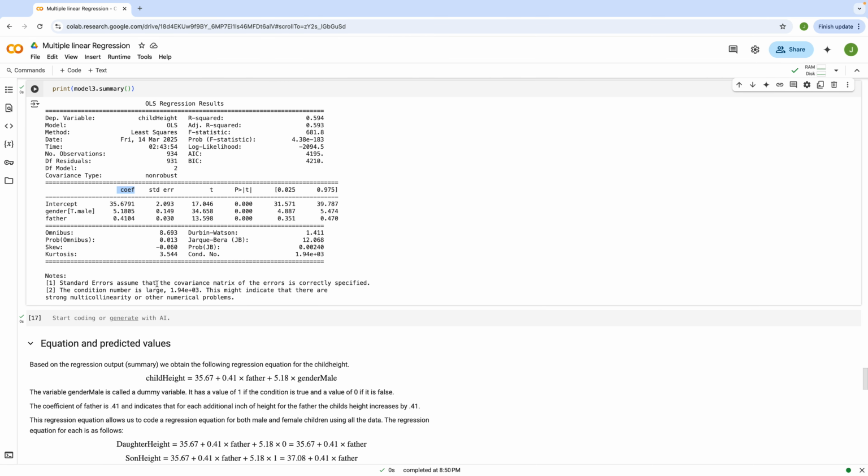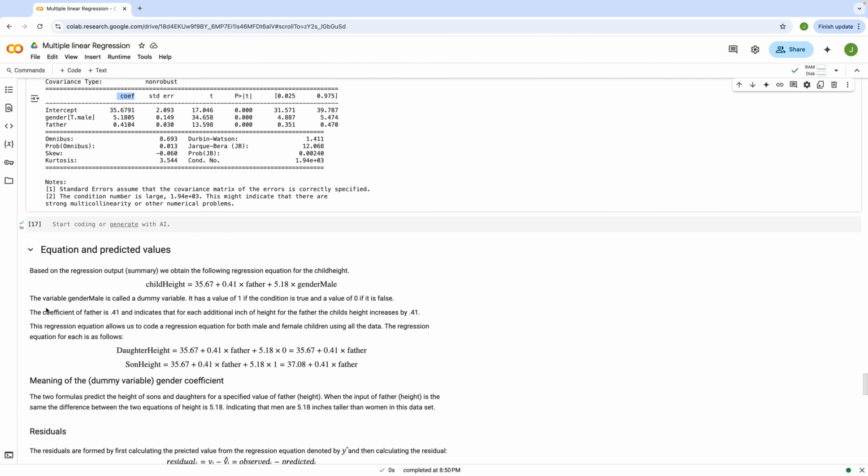So to form the regression equation, I look at this column of the coefficients, and I take the intercept of 35.67. I take the slope of father's 0.41, multiply it by that variable that represents father's height. Then I take 5.18 times gender male. Now I was talking about the variable gender male, and here it is written down again.